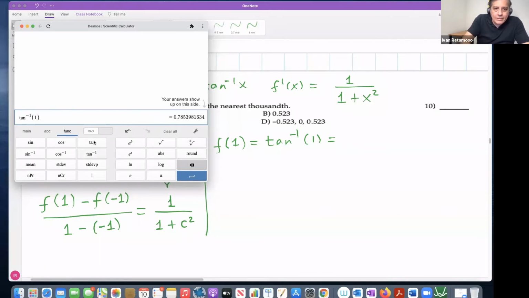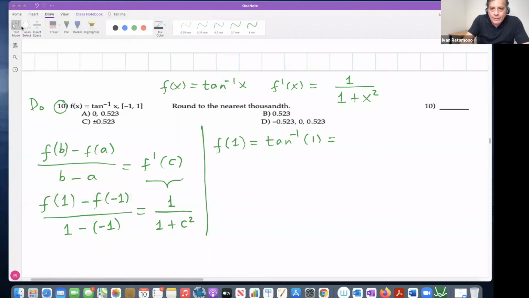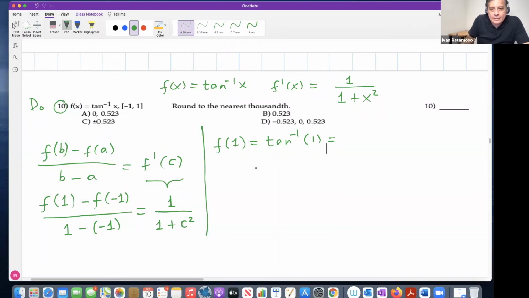The calculator probably will show you this in approximated form, in radians. This is the pi over 4 that I was telling you about. You can take this rounded to 3 decimal places. And then you have to compute this at -1, and then in the bottom you have to do this. But for the purpose of accuracy, what about working just this way?